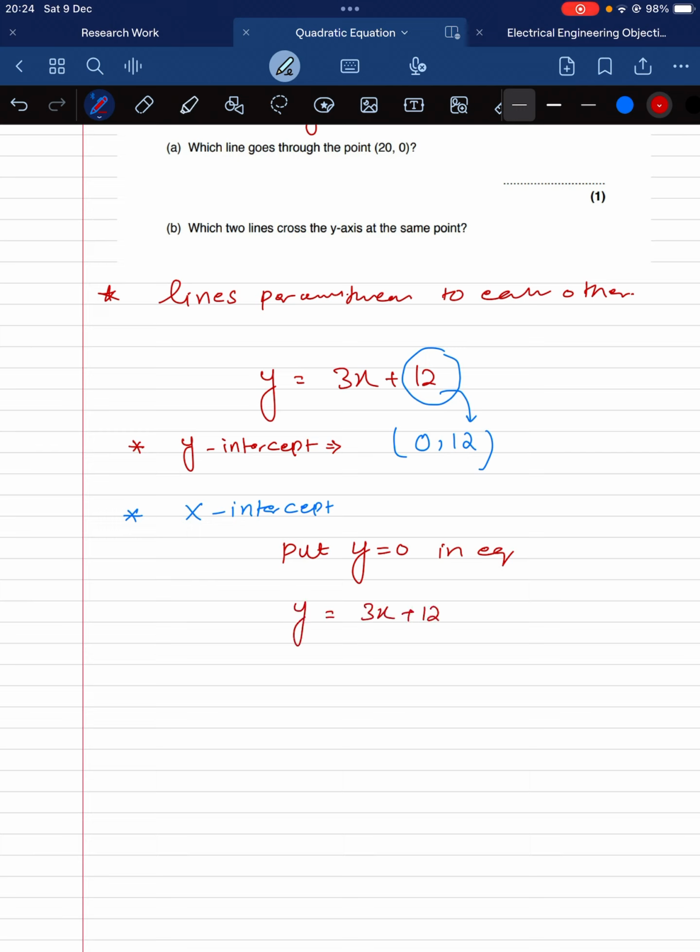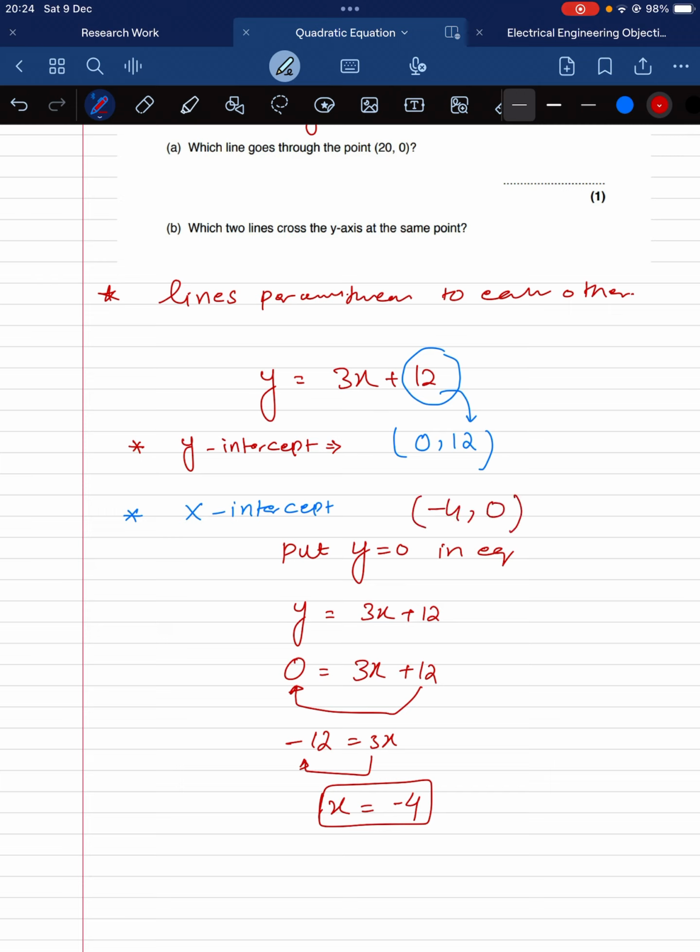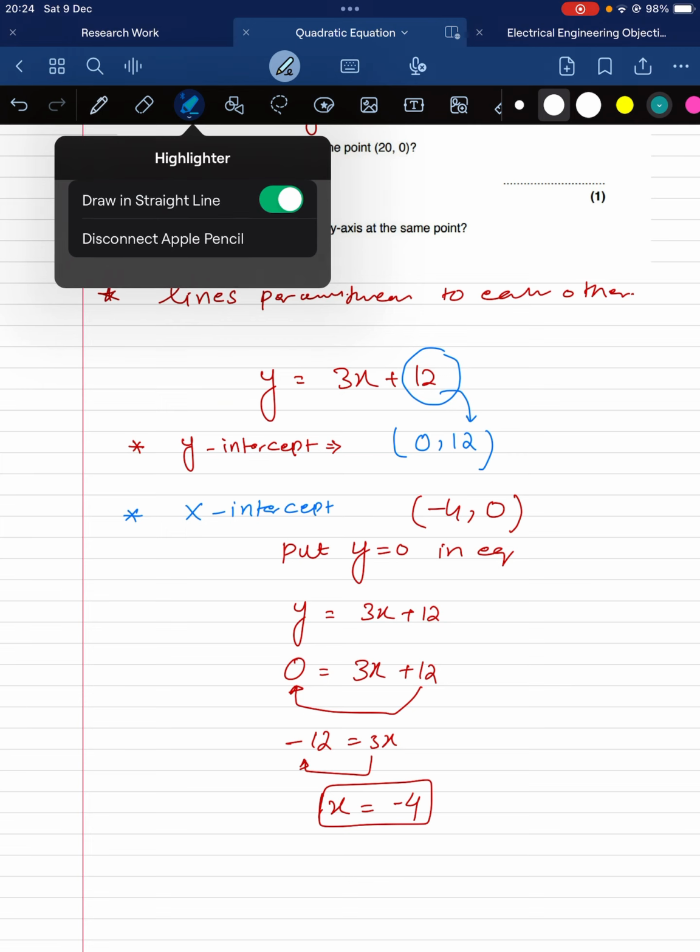When you put y is equal to 0, now find the value of x. 3x plus 12, this 12 will subtract on the other side, so minus 12 is equal to 3x. Now 3 will divide on this side, so x will be equal to minus 4. Now the x-intercept is minus 4 comma 0, because we already know that y is equal to 0.